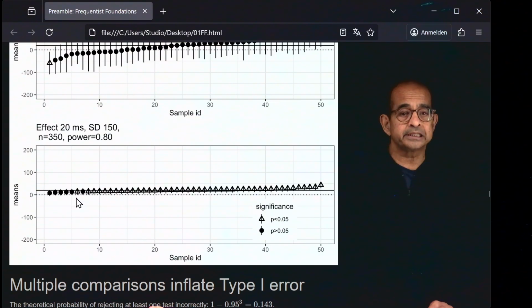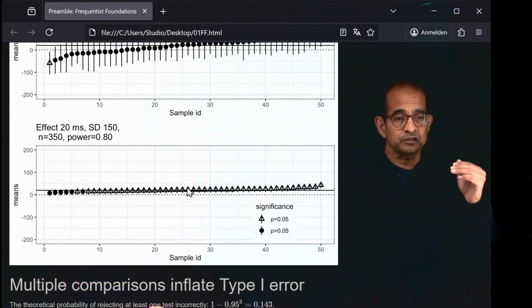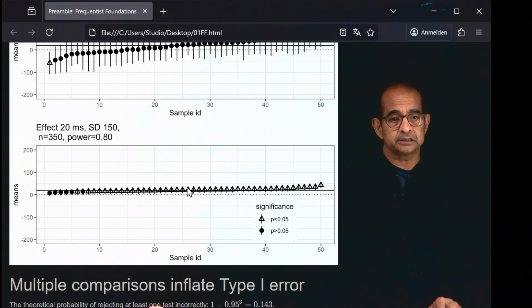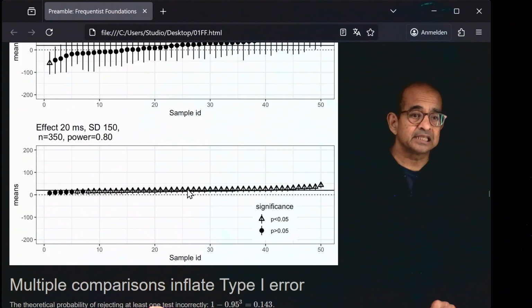And more importantly, in the cases where you do get evidence against the null, the evidence will be based on an estimate of the parameter that is pretty close to the true value of that parameter. So in that sense, the p-value and the significance test is actually informative now.